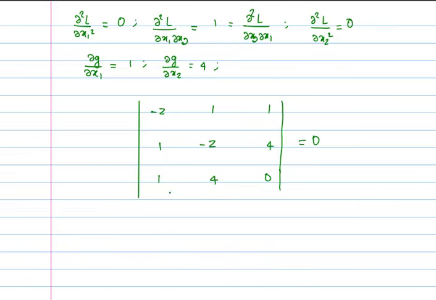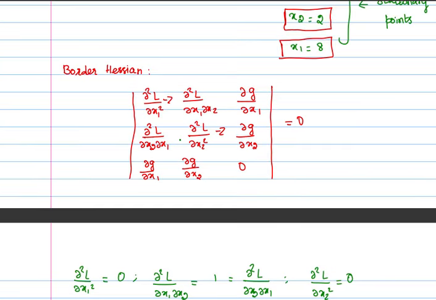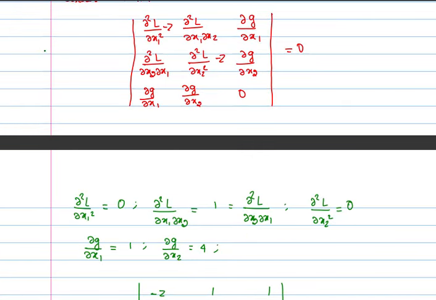The sign of the bordered Hessian is (minus 1) to the power of the number of decision variables minus the number of constraints.